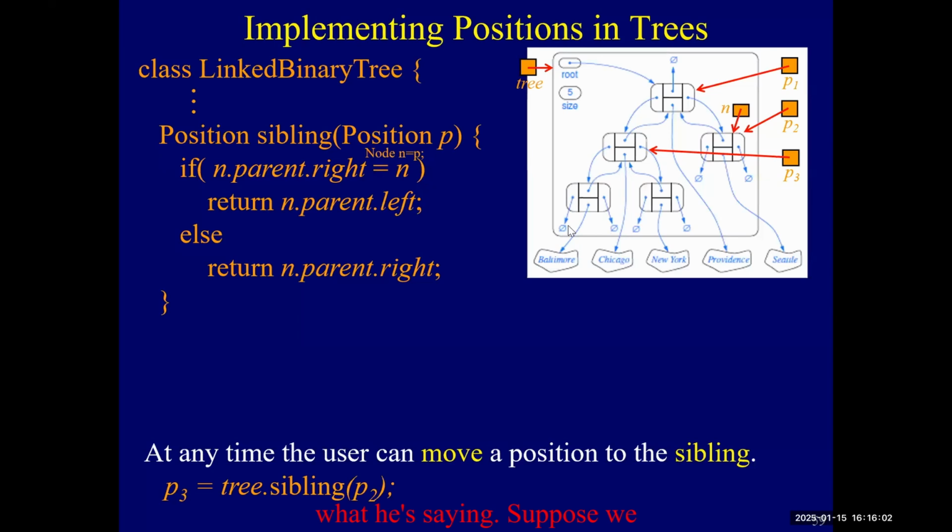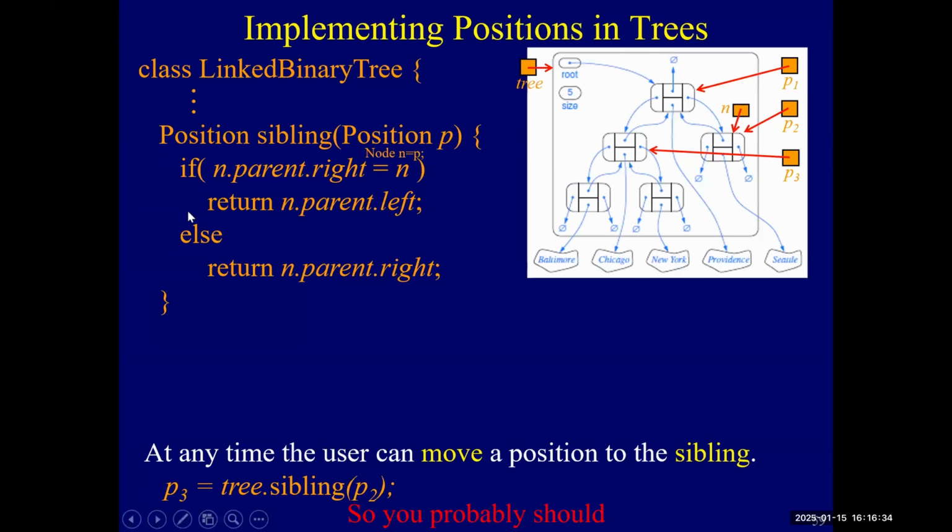Suppose, I don't know, we don't have an example here, but if this stuff wasn't there, then I would be returning null, and that's not a bug. The bug is, suppose N is the root. Then N dot parent is null, and when you say N dot parent dot left, that's when it crashes, right?